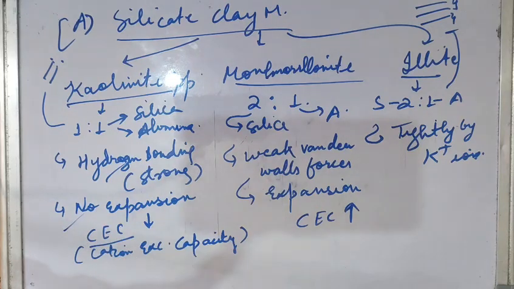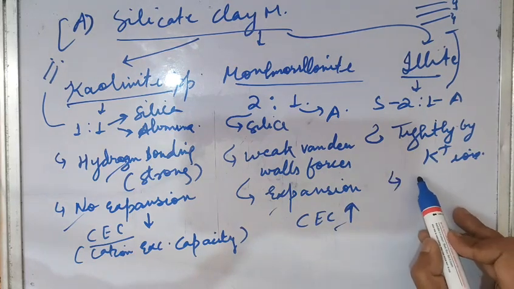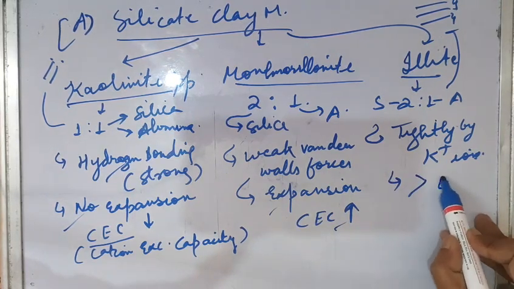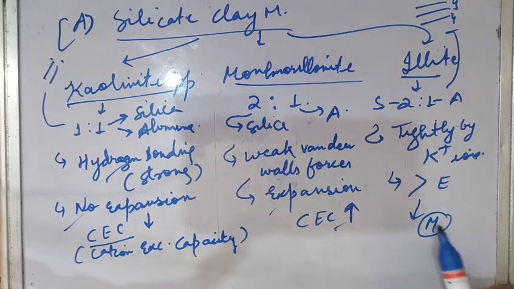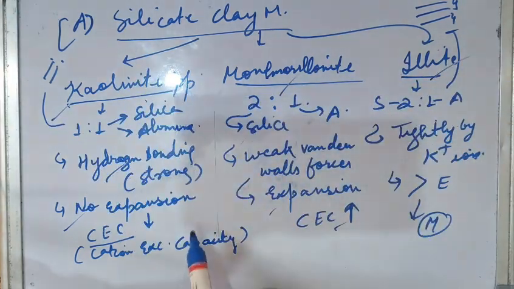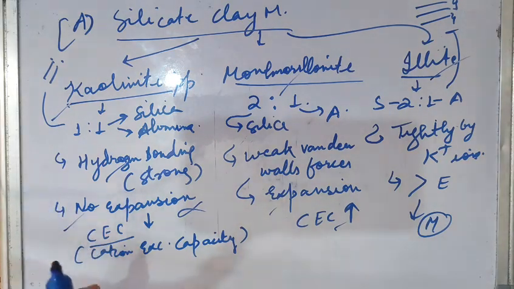In illite we have got expansion, but less expansion than montmorillonite. So in expansion capacity, montmorillonite has the highest expansion, then we have illite, and in kaolinite we have got no expansion. So these were about silicate clay minerals. Hope you all understand it.